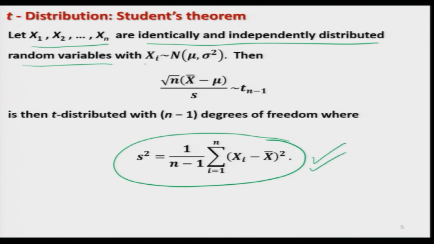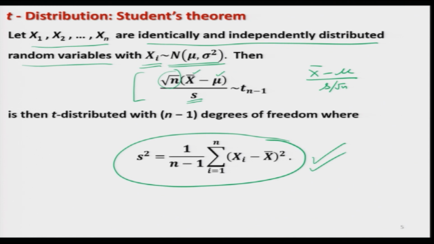And here these xi's are assumed to be normal mu sigma square. Then, in case I take this statistic, x bar minus mu divided by s, and the whole quantity multiplied by square root of n, this is actually x bar minus mu divided by s by root n. That is easy to remember, right.